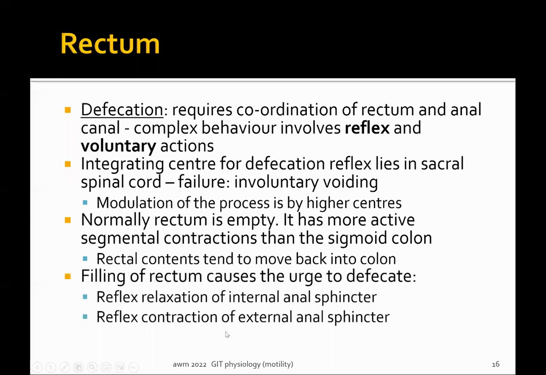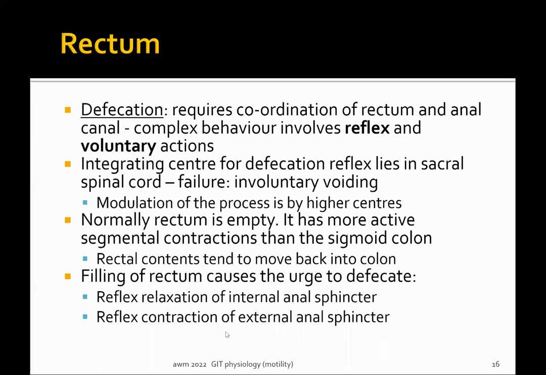But once the rectum is filled and you get distension of the rectal walls, that is what gives you the urge to defecate. That distension is carried by the pelvic nerves all the way to the central nervous system, and you're aware now that you need to go to the toilet.